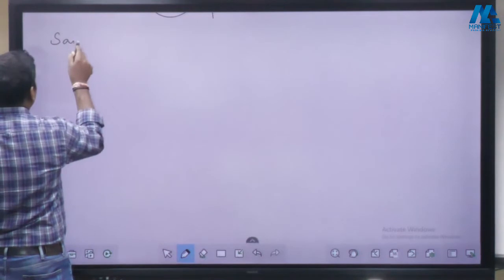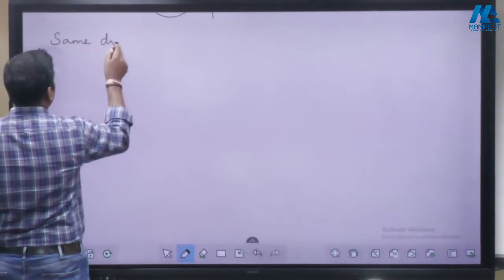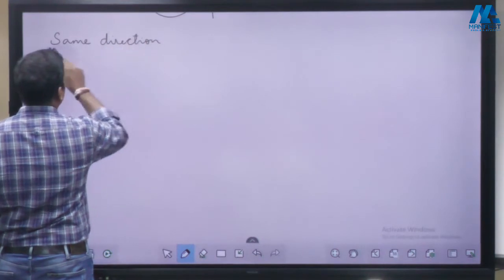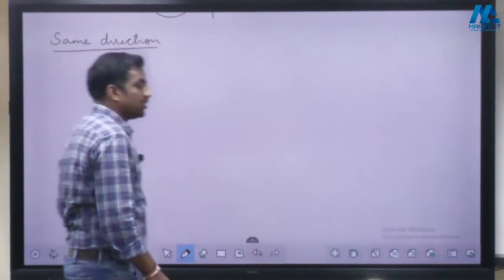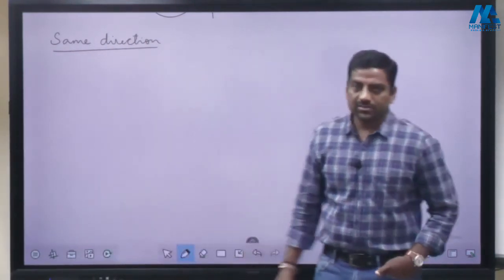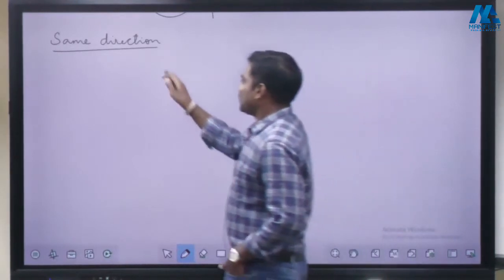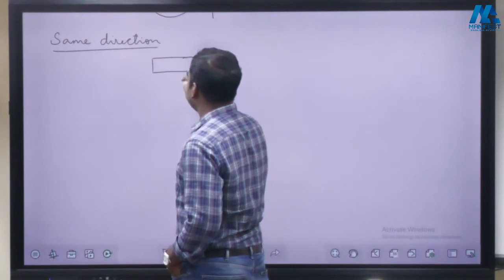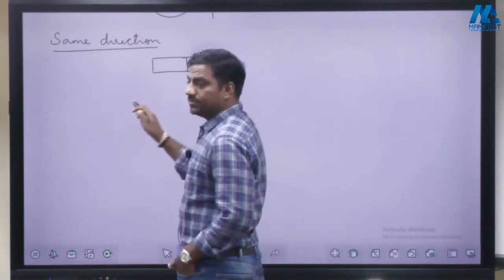When the trains are moving in the same direction, definitely the faster train has to overtake the slower train. Yes, it is logical.